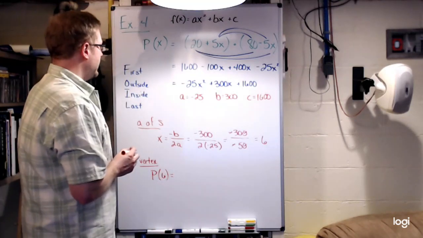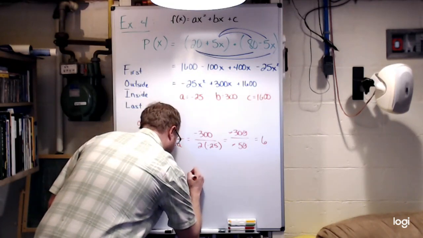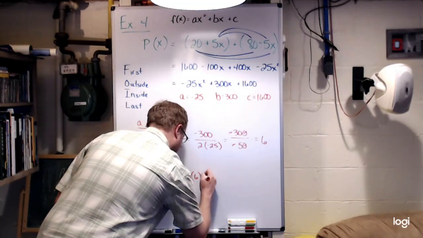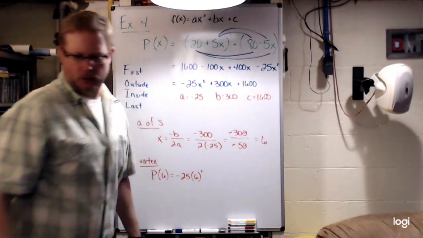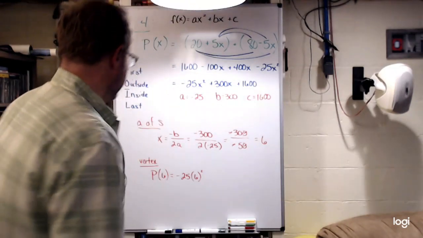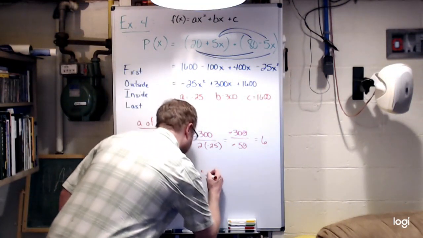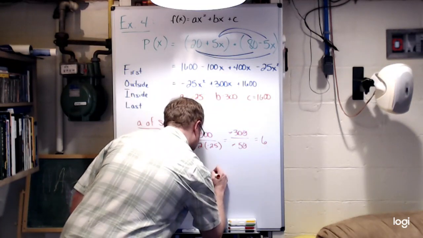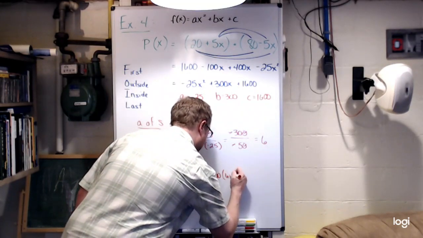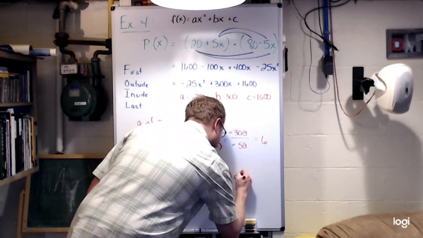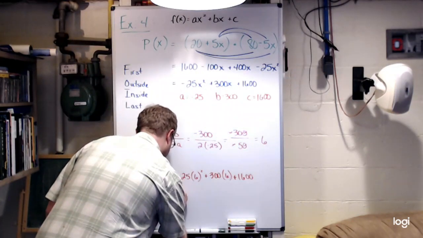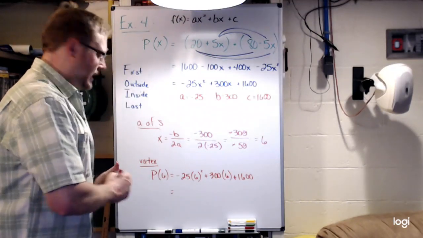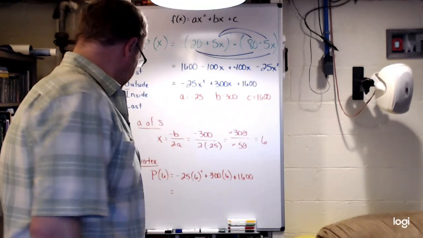P of 6 in this case would be negative 25 times 6 squared plus 300 times 6 plus 1600. Let's do some simplifying. I'm going to actually bring up my calculator for this one just because I'm not that good.